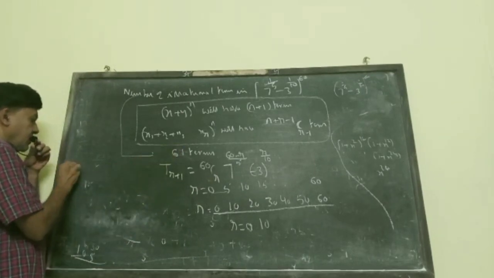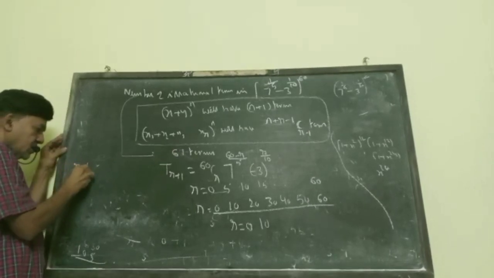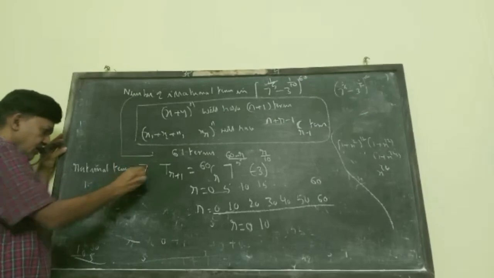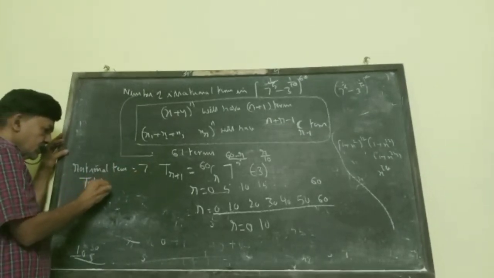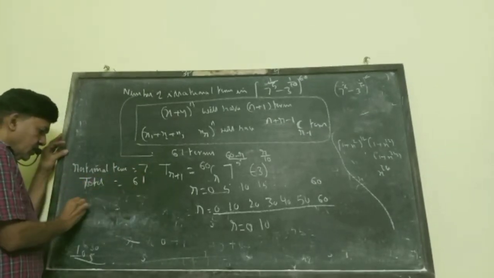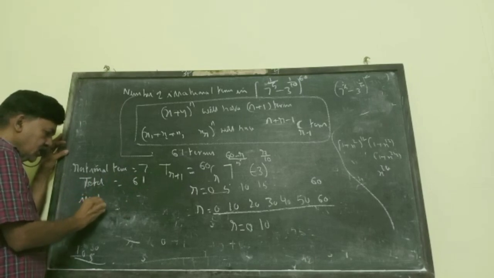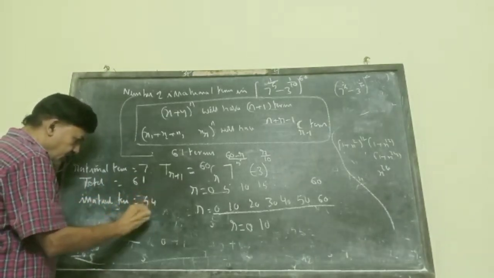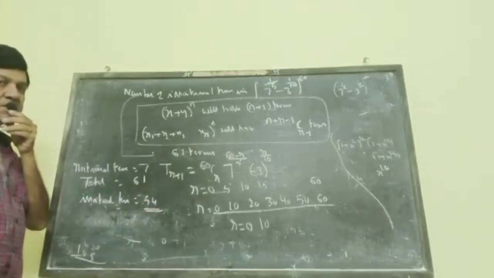The number of rational terms is 7. Total terms are 61. So what are the irrational terms? Irrational terms are 54, that is 61 minus 7.